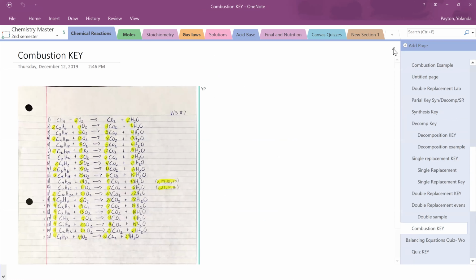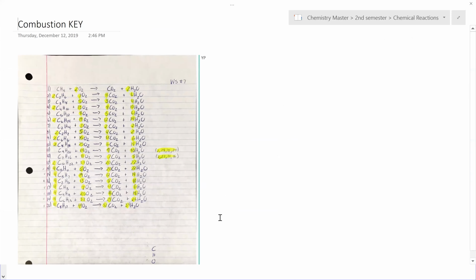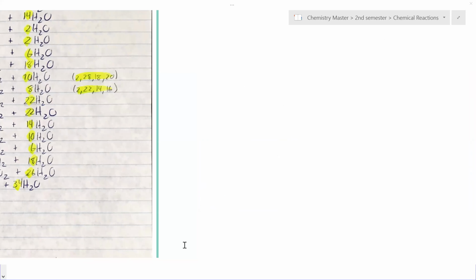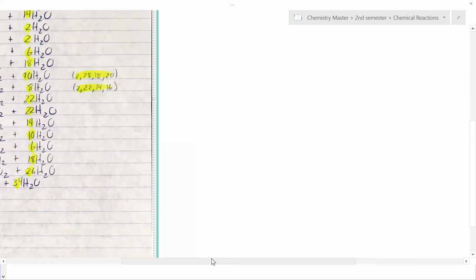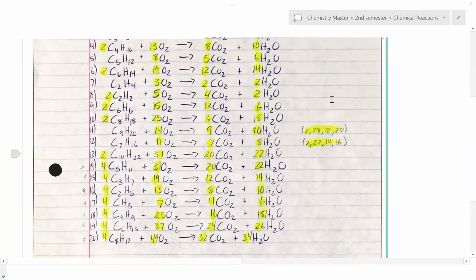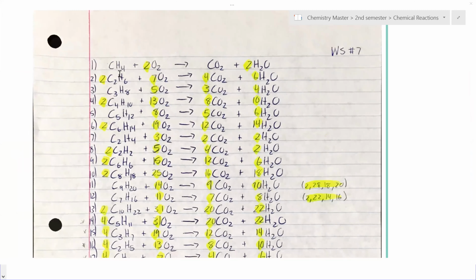They literally all look the exact same. Combustion always. The only thing that's changing is this front one. It is CH something, C some number, H something, O2, CO2, H2O. Every single time, this is what combustion looks like, okay?